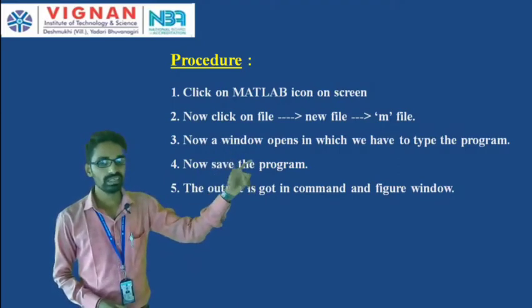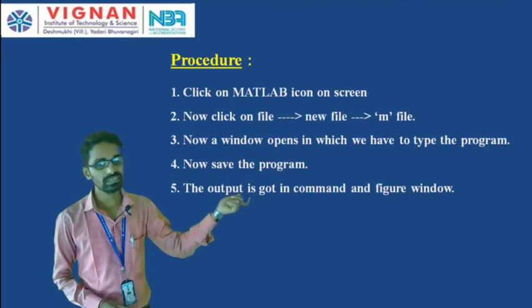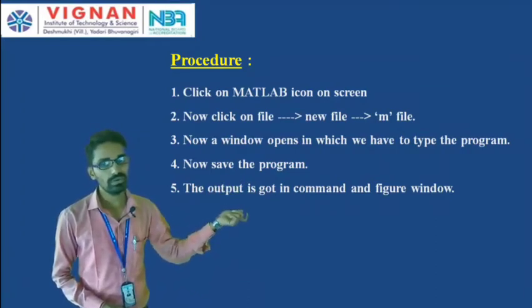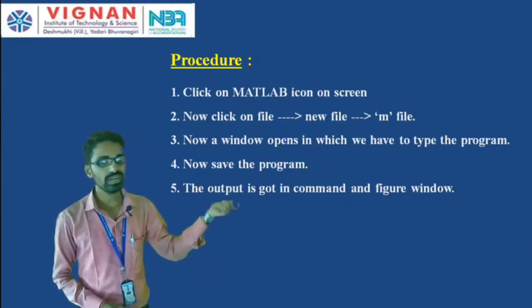A window opens, that is the editor window. In that editor window you write the program and then save it. After saving, you run the program. If you run the program, the output appears in the command window, and if you have any figures, you get the output in the figure window.